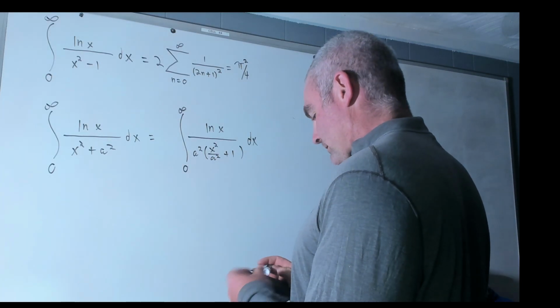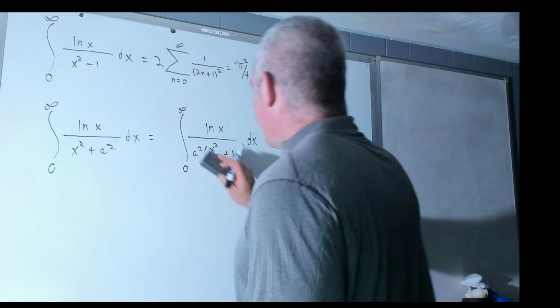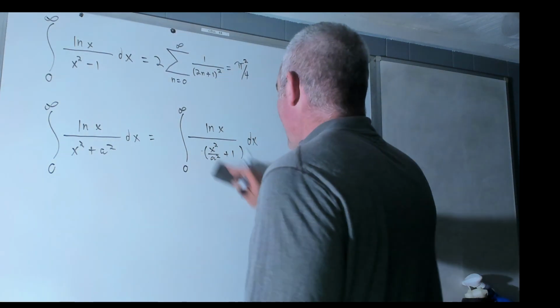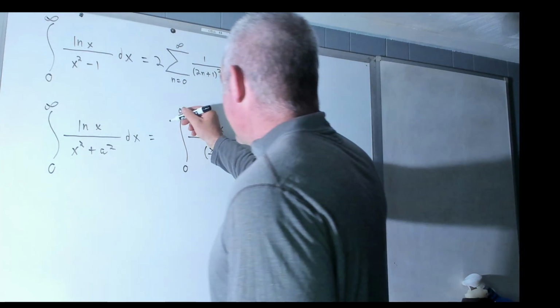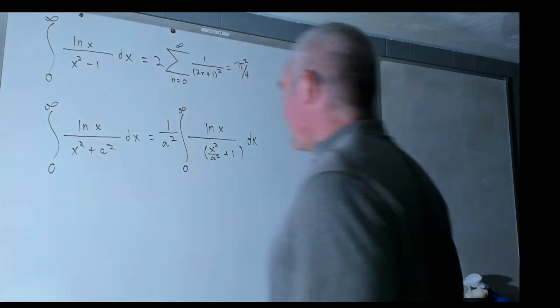And of course, this 1 over a squared can come right outside. So we're going to have 1 over a squared.